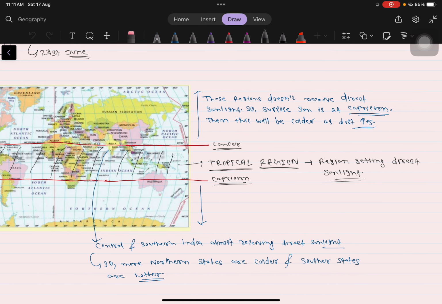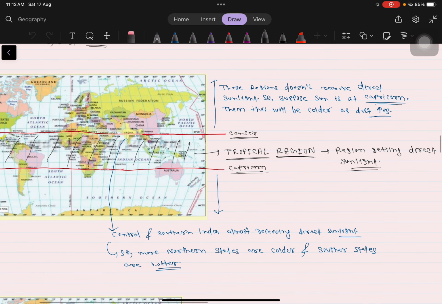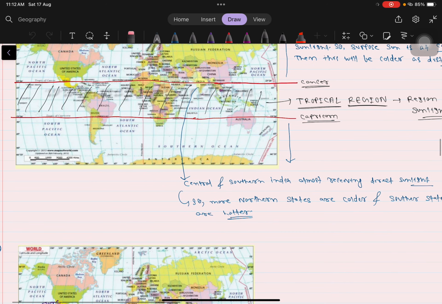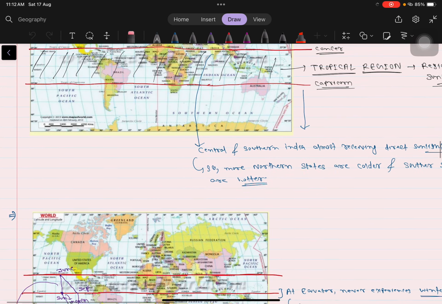That is the region getting direct sunlight, and above this region does not receive direct sunlight. Talking about India, central India and southern India receive almost direct sunlight, so there is warmer weather in this part of the country as compared to the northern part.